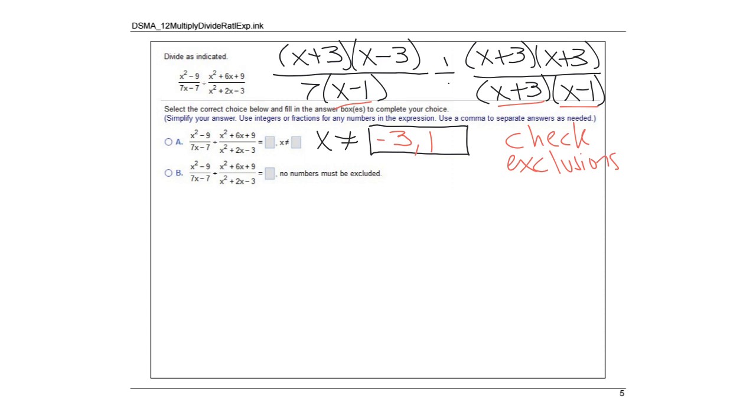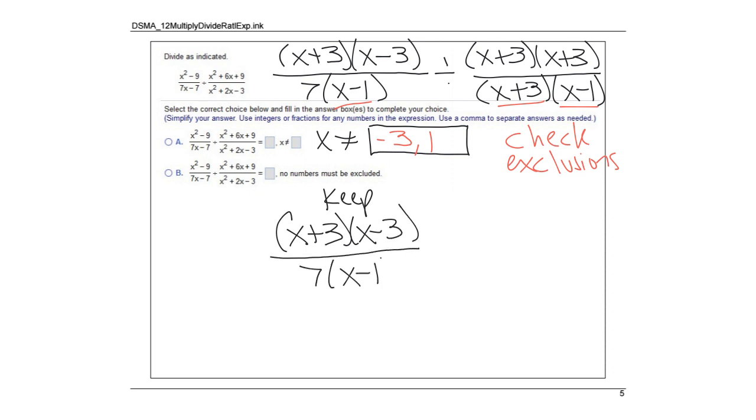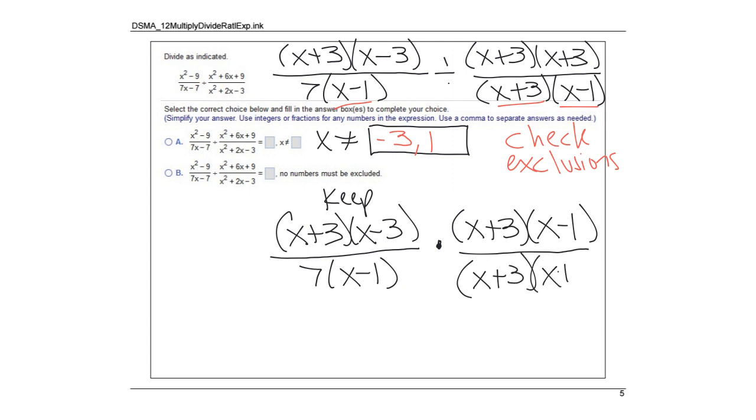Okay, so let's do our keep, change, flip.